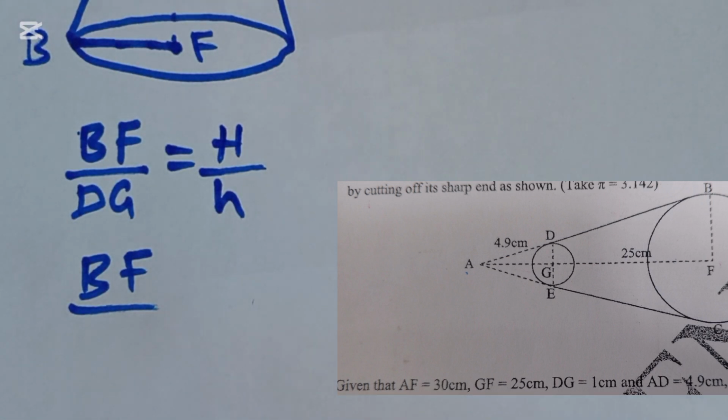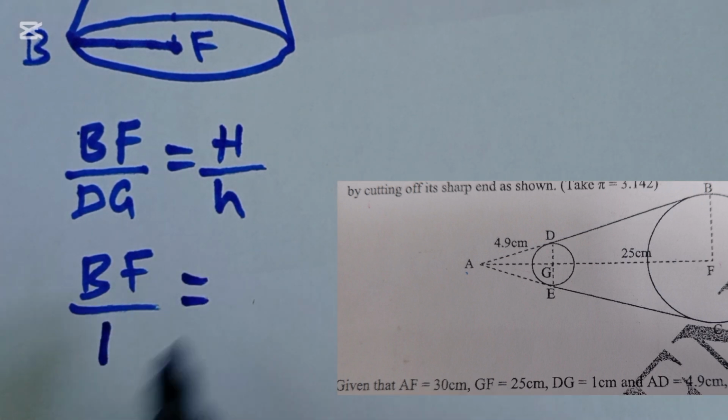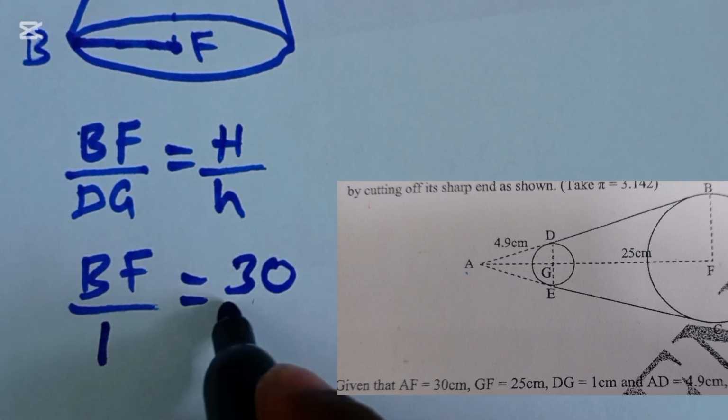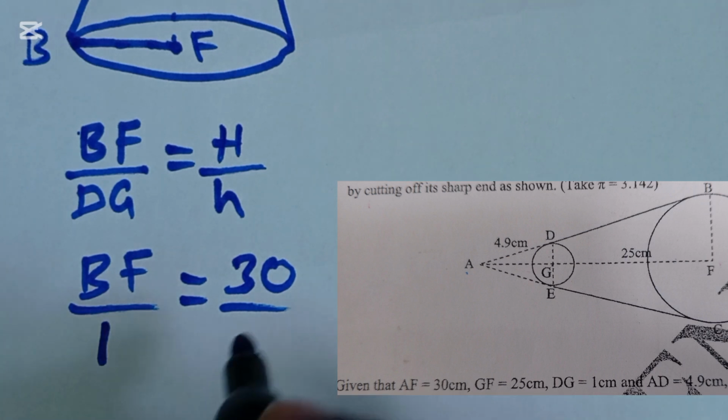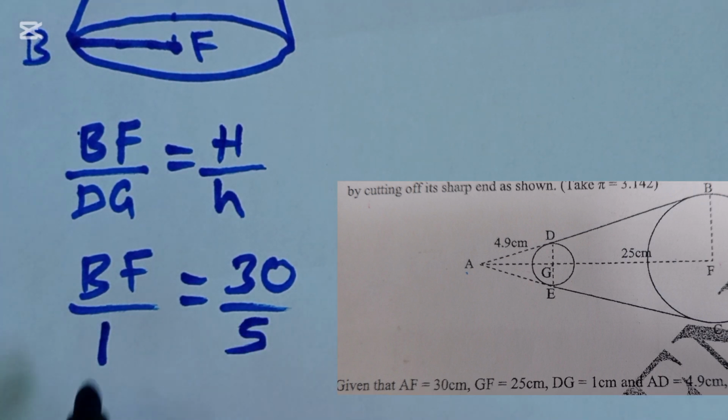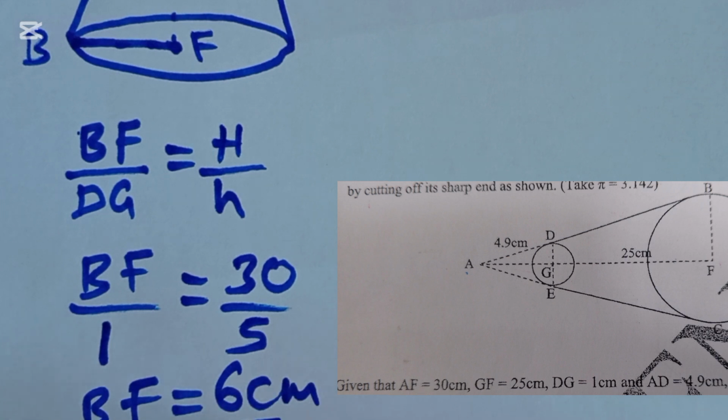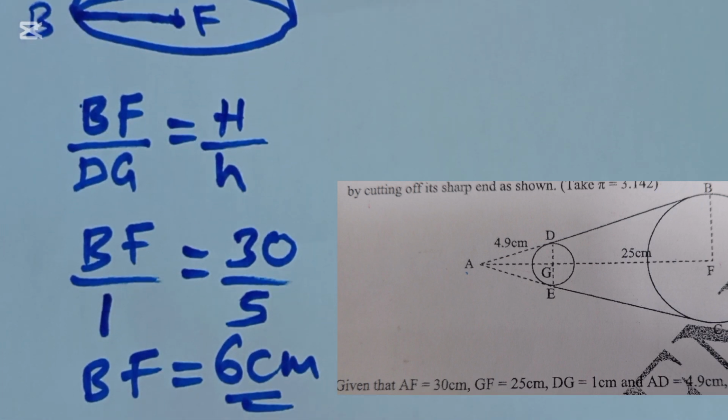So BF over DG, it is 1, equals the big height, which is AF, 30, over the small height, which is AG. So AG is simply 5. So 1 into BF, that is BF. So 5 into 30, that is 6. So 6 centimeters. That is our BF.